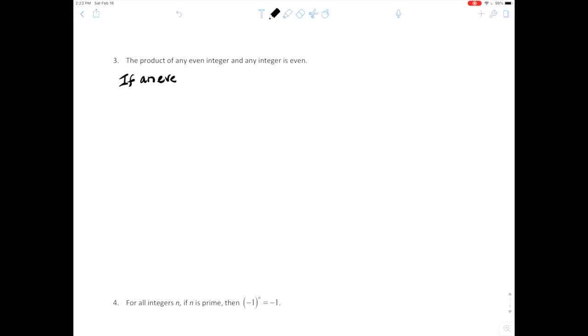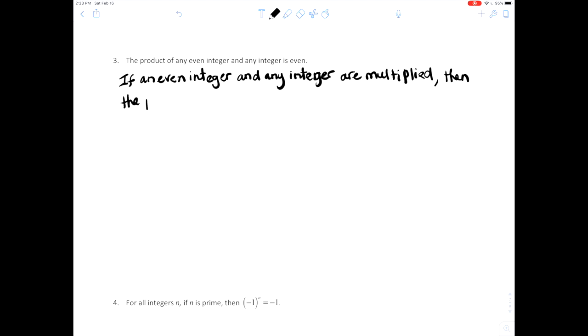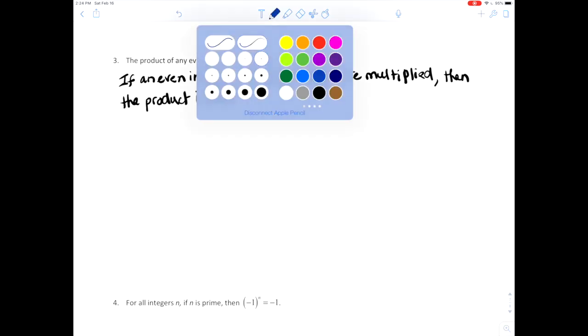If an even integer and any integer are multiplied, then the product is even. Cool. All right, well, let's move on with our proof.